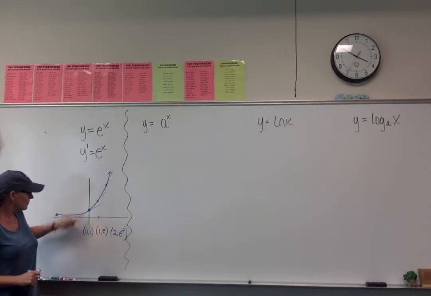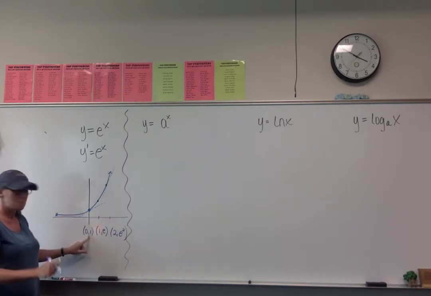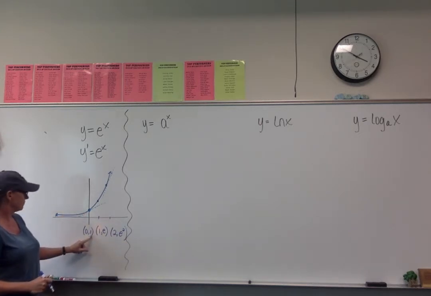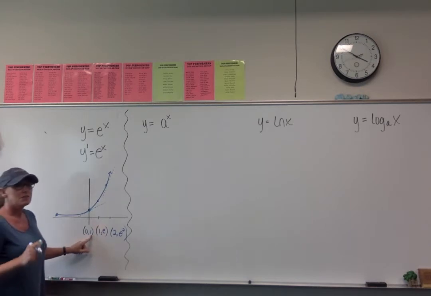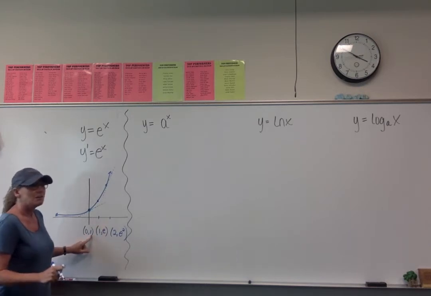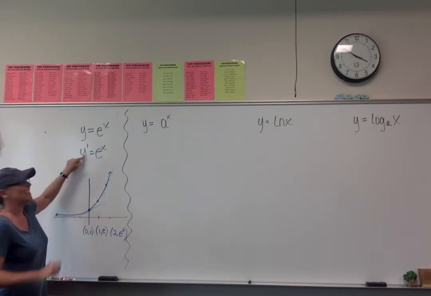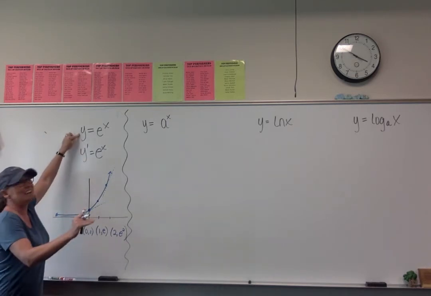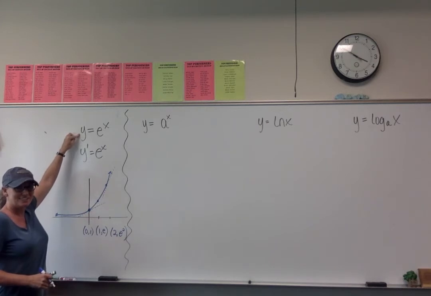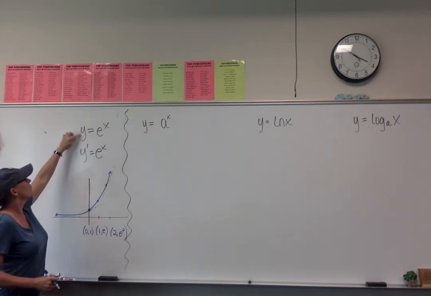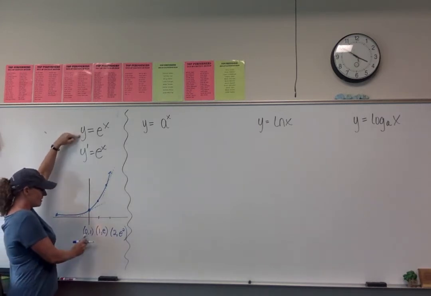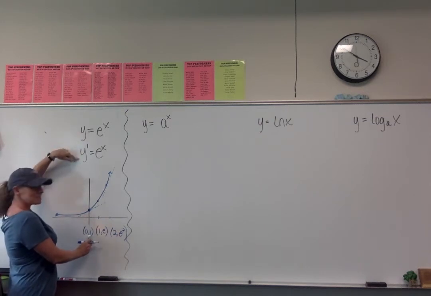The slope of the tangent line that passes through the point 0, comma 1, is the exact same as the y value of the function. Whatever the y value of the function is at 0, that's the same as the slope of the tangent line.